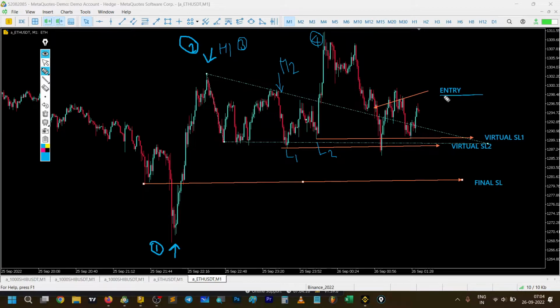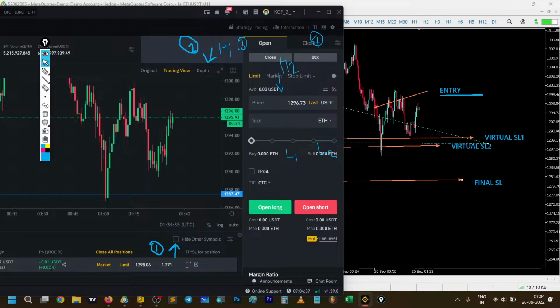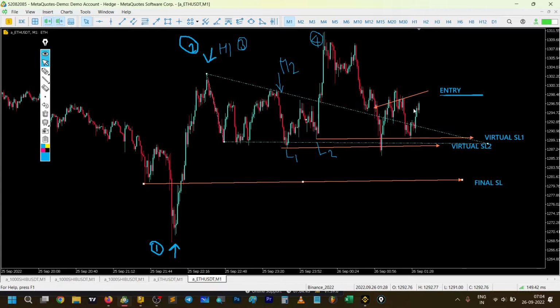I have marked it as entry, and I have taken a risk of approximately $30 here, and I'm expecting a reward. I'll show you how much. I have an entry open here, and you can see I'm making 0.02% right now. The entry was exactly here, and price is just here.